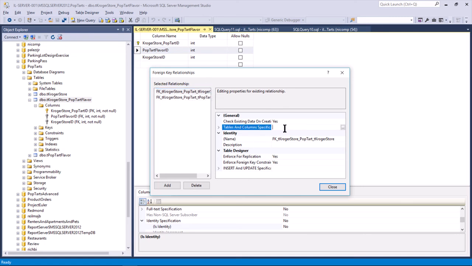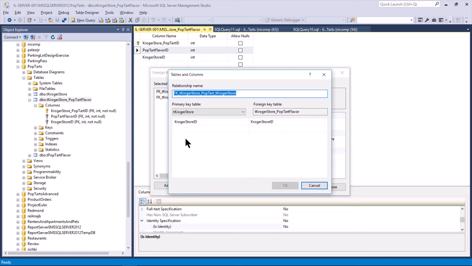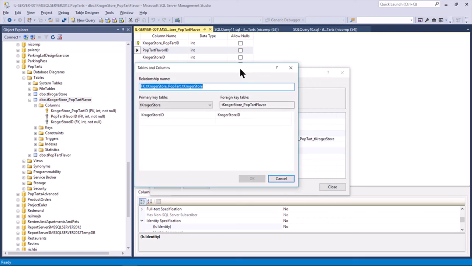And we can look at table and column specific, and we can see that the primary key is Kroger Store, with the Kroger Store ID being the value of that primary key. The foreign key is in the table we're currently looking at, and it is the same name, Kroger Store ID.